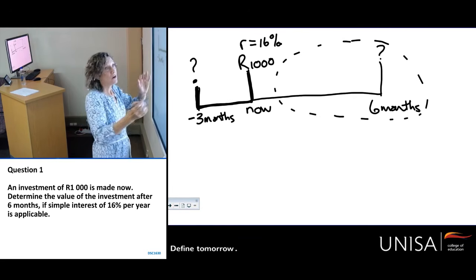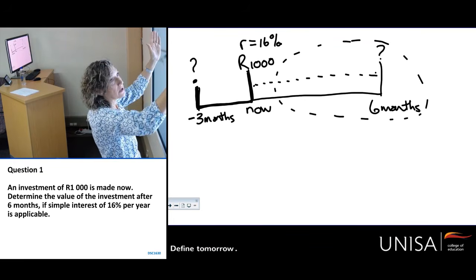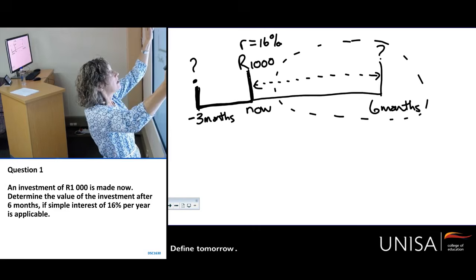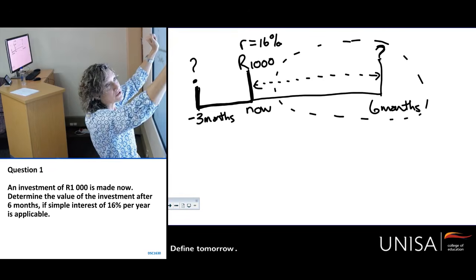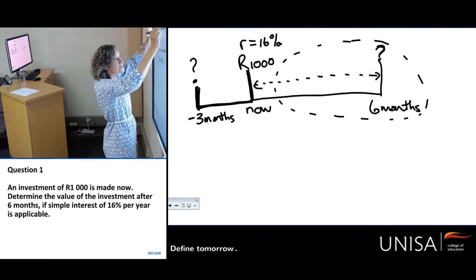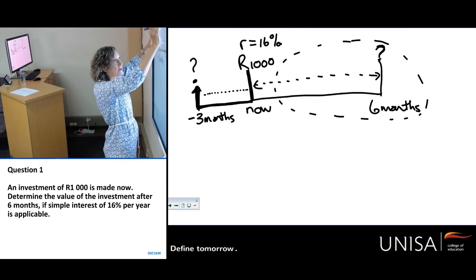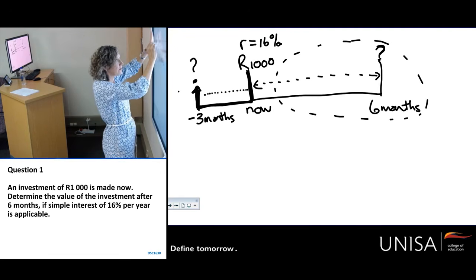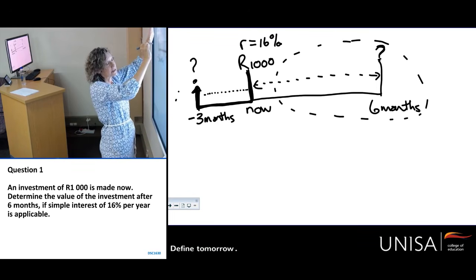Just now we worked from here to there, so the 1,000 Rand was my present value and this question mark was the future value I wanted. But now we're working with this 1,000 Rand and we want the value here, so that piece there. Is the 1,000 Rand for that part of the timeline S or P? And the one you need to calculate, is that S or P?